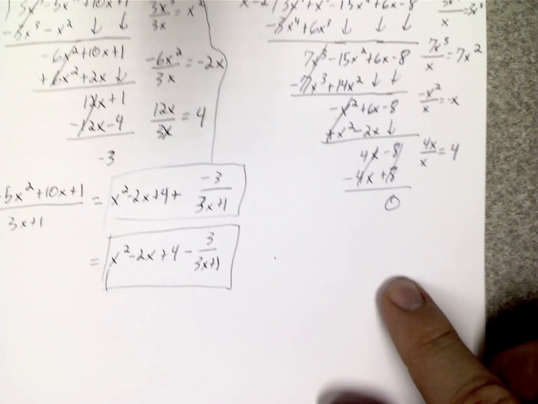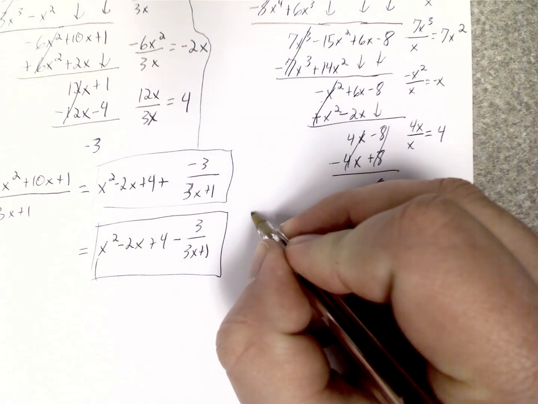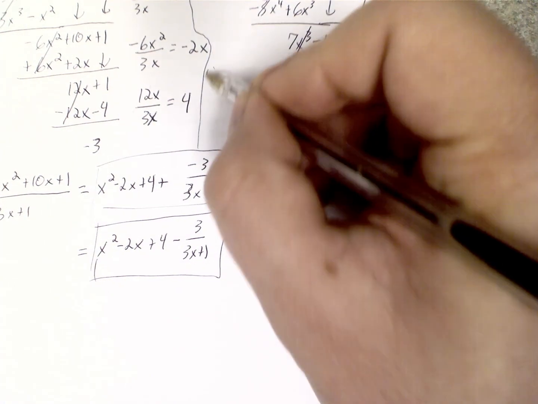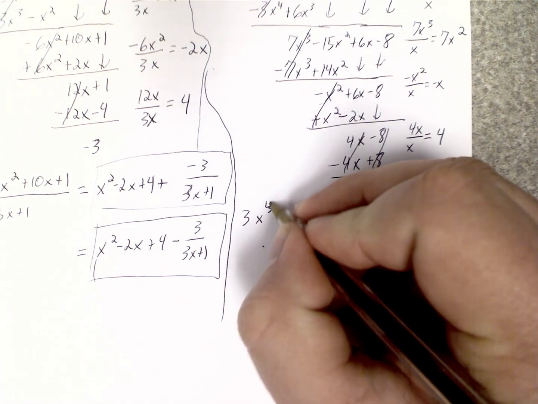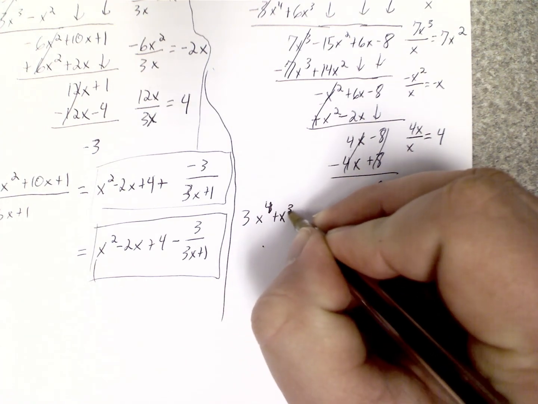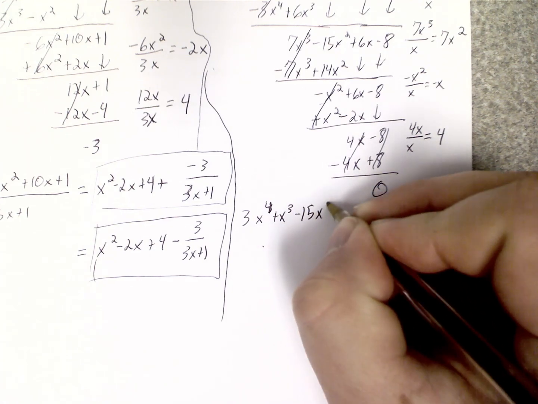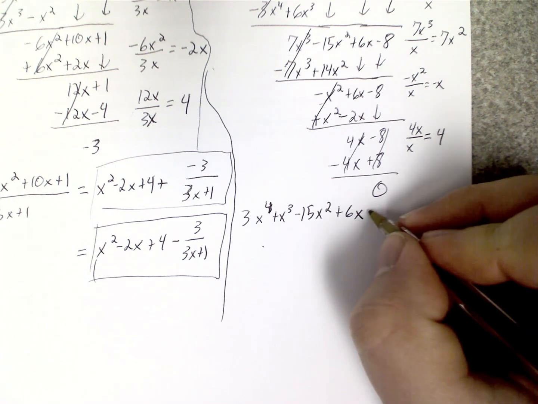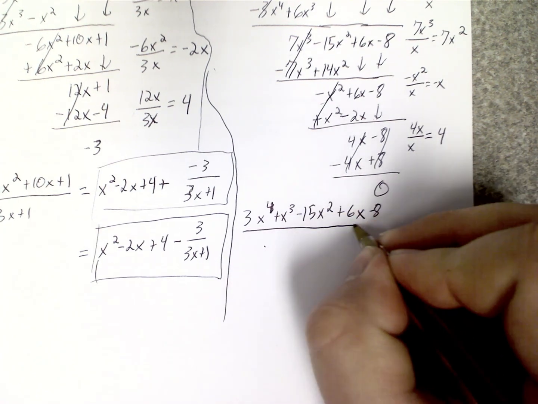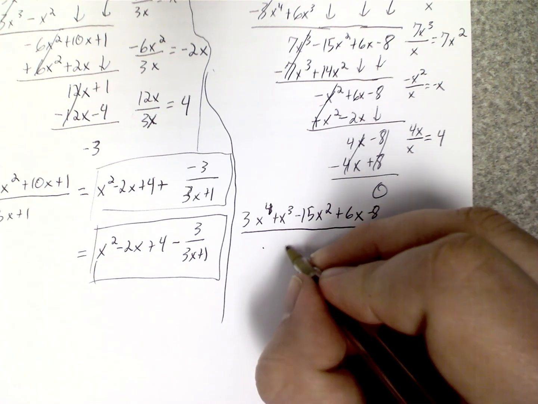So, writing this all out, what is 3x to the fourth plus x cubed minus 15x squared plus 6x minus 8 all over x minus 2?